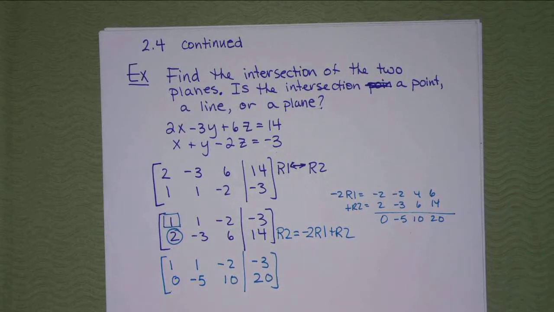So that's a nice new row 2, because you can see that it's all divisible by 5.